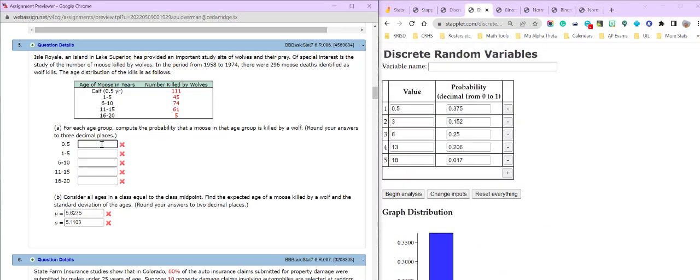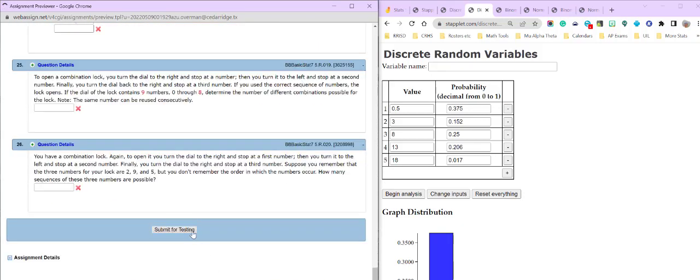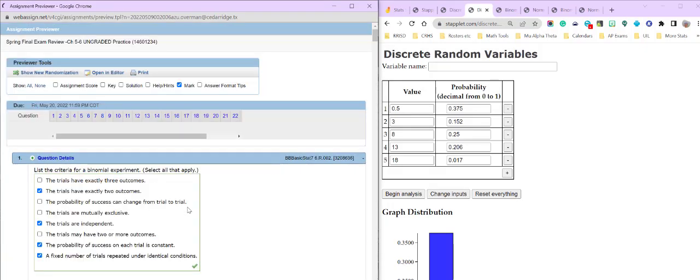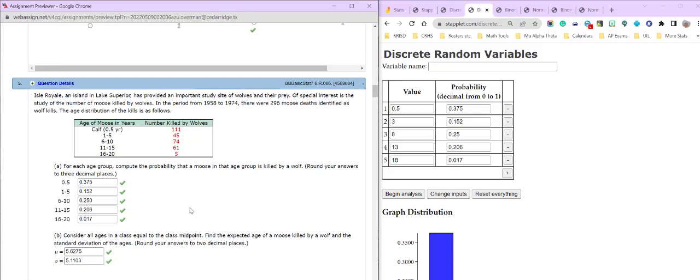So I just have to take my answers over here, 0.375, 0.152, 0.250, 0.206, 0.017. So we'll go ahead and submit all that. And there you go. Whole problem's done.